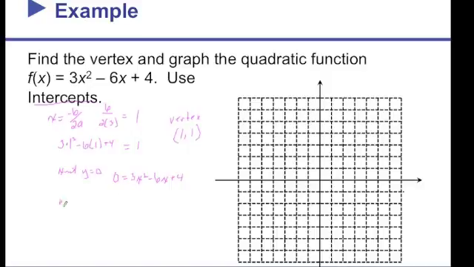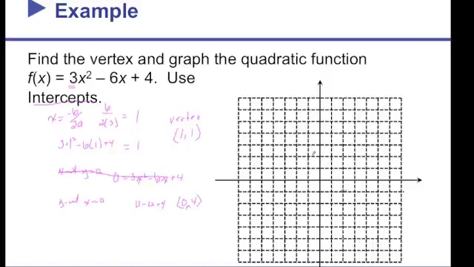Let's find the y-intercept. So x equals 0. So we'll have 0 minus 0 plus 4. So the y-intercept will be 0, 4. And I don't think the x-intercept is going to be helpful because this opens upward and the vertex is at 1, 1.